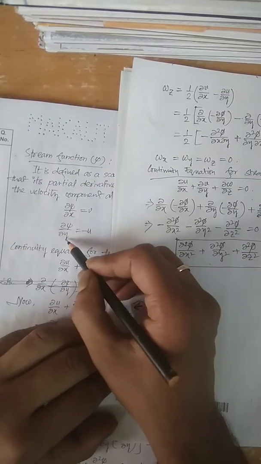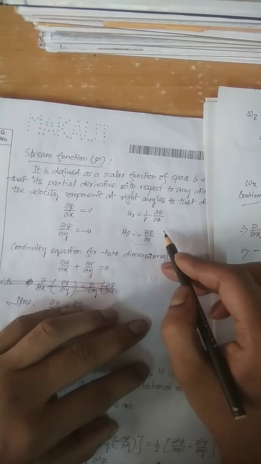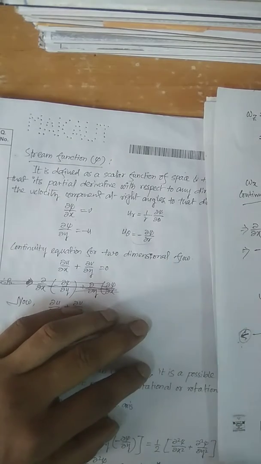So del psi del y is equal to minus u. Similarly, this is the polar component.